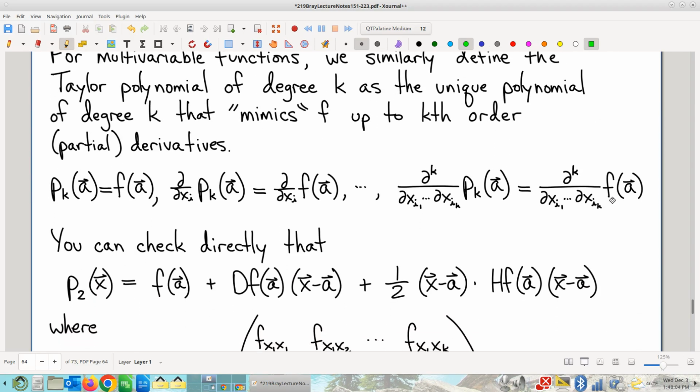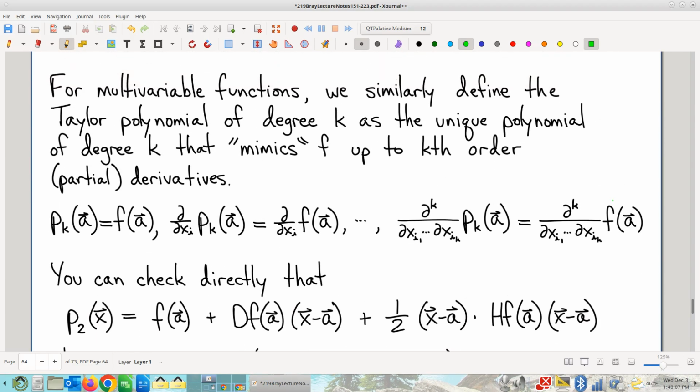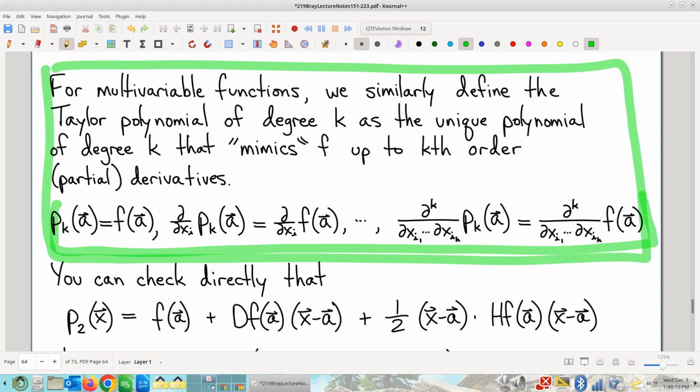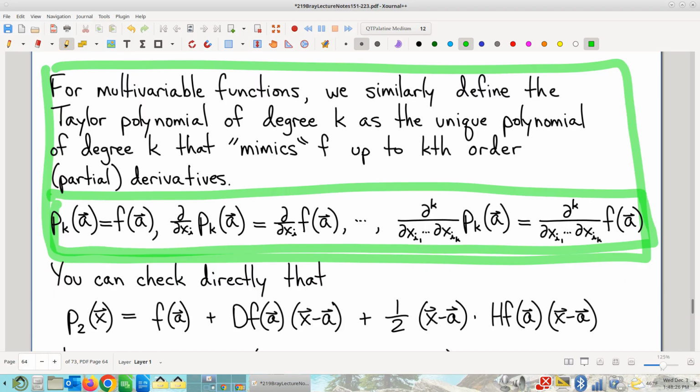So I tell you what, why don't we do that exact same thing in the multivariable setting? And we're just going to ask, okay, given a real valued multivariable function, how would we mimic that function in terms of values and derivatives? Well, the function has a value, and it has several partial derivatives. It has several more second partials, et cetera, and it has a whole bunch of kth order partials.